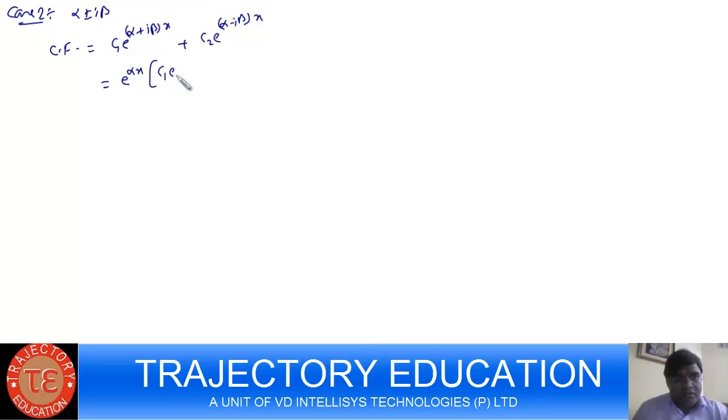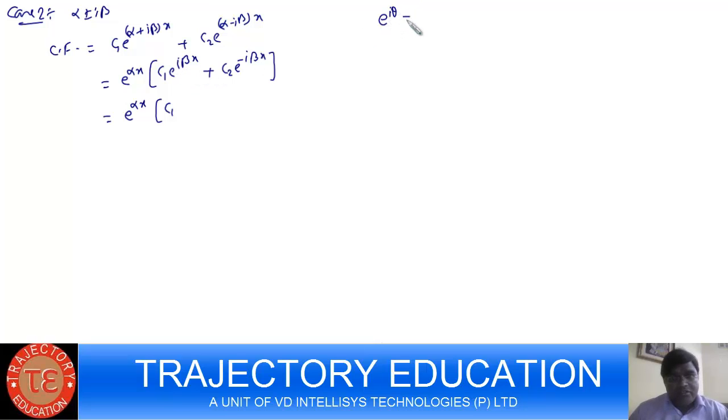I can write this as e to the power alpha x times c1 e to the power i beta x.